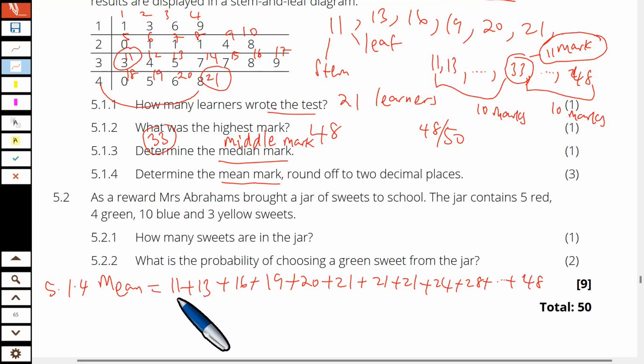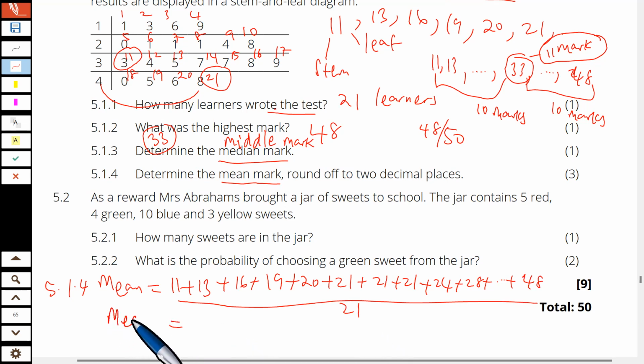You add all of them, and then divide by the number of the marks, and the marks are for 21 learners. So you have the mean. If you add all of them, you get 626.